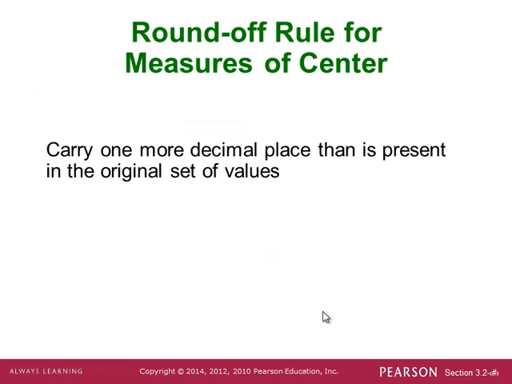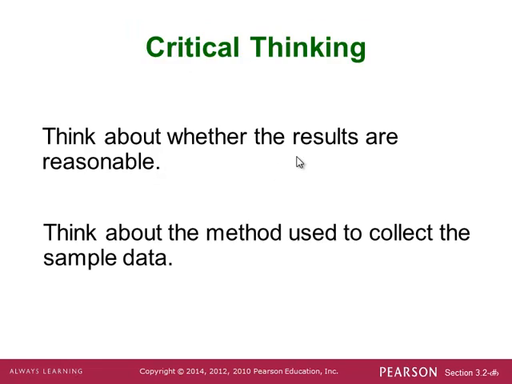Now, again, I already mentioned this once regarding how you express the value of your average. It's going to be one more decimal place than how your numbers are expressed in your data set. And also think about whether your results are reasonable. Again, you should expect that your measure of central tendency should be somewhere between the smallest and largest values in your data set.